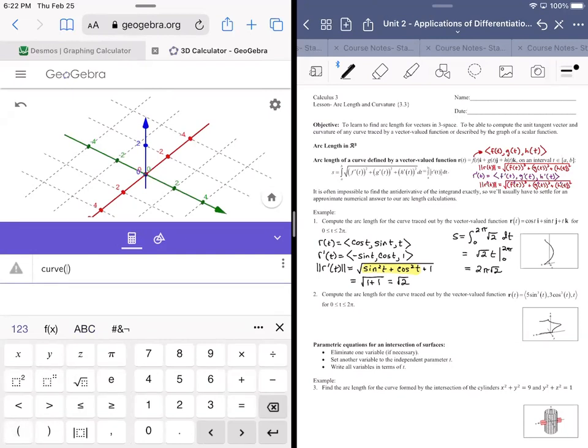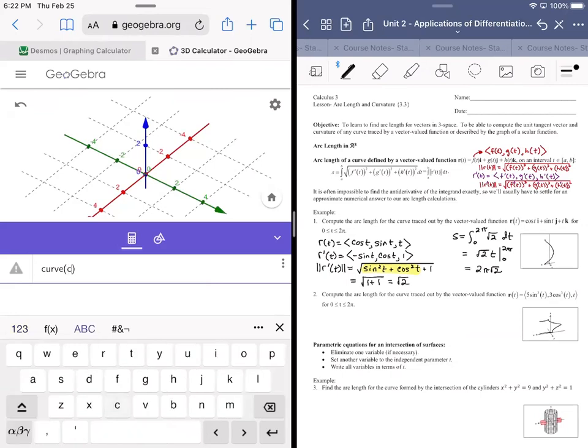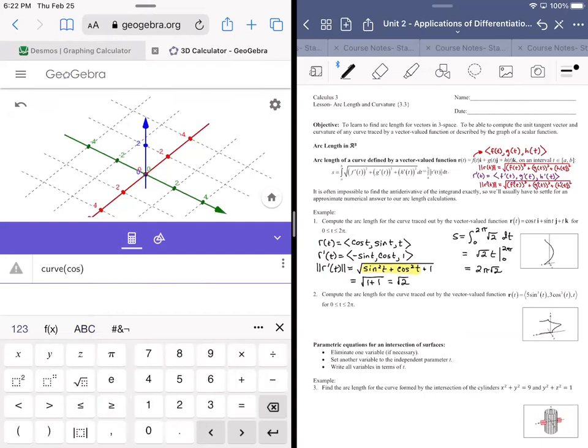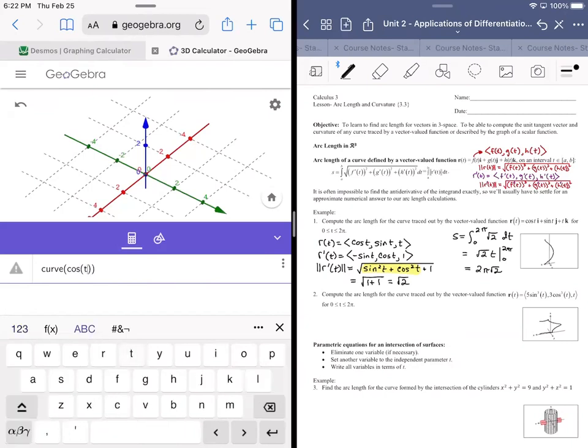Now, if you're using an iPad and you're dedicating the full screen to this, it shouldn't be a problem. But if you're trying to do it on a phone, I can see how that could be tough. But eventually, you get the word curve in there, and then you're just going to type in the relevant components, so cosine. I just keep going back and forth with that Greek alphabet to get me out of that drop-down display.